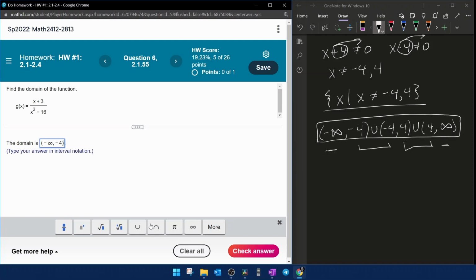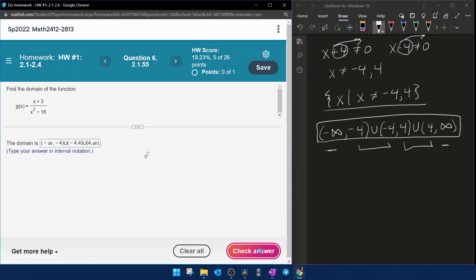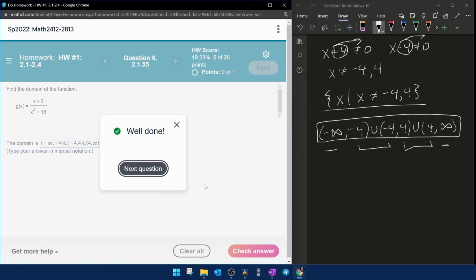We do have a union symbol from the toolbar, and then we're going to pick up at negative 4 and keep going to 4. We're going to skip over 4 and keep going to infinity. And fingers crossed. Yes, there's the domain in interval notation. And that's it for that problem.